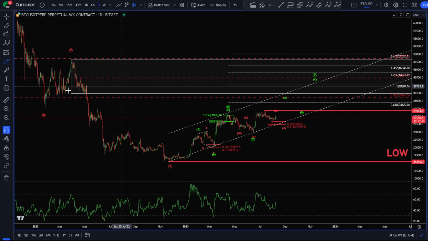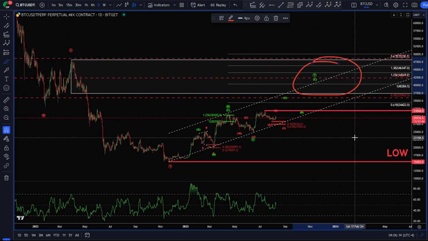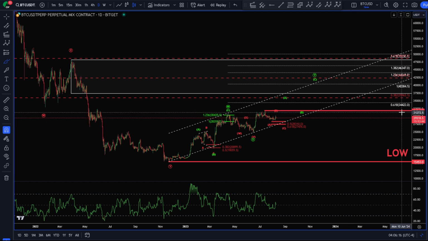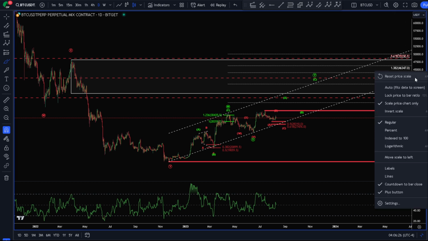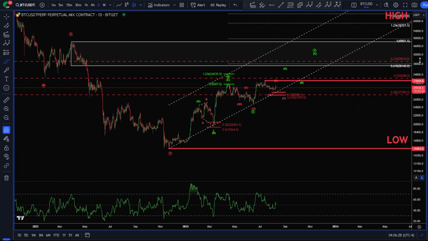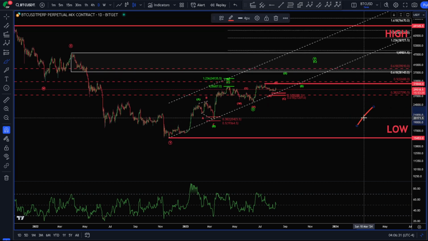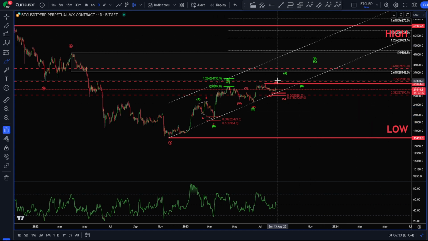As you can see, this whole area is a huge area of resistance where we can see a big pivot, so paying attention to that. And if we take off and go out of this channel, we'll have to adjust our count, and then we'd be looking at log scale for our targets, where our 1-to-1 is up at 50,000 here. So we'll see kind of how we line up here and how the waves fill out.